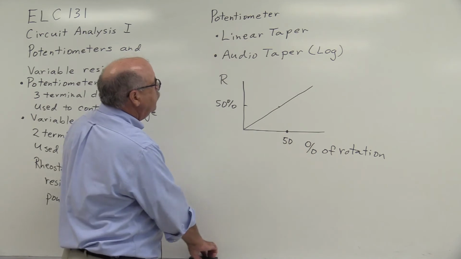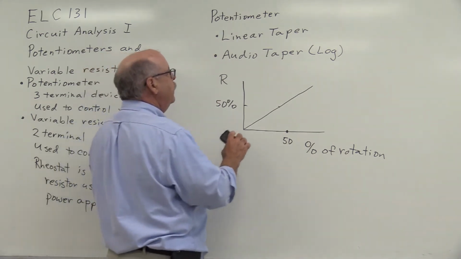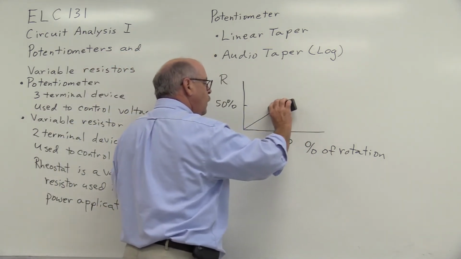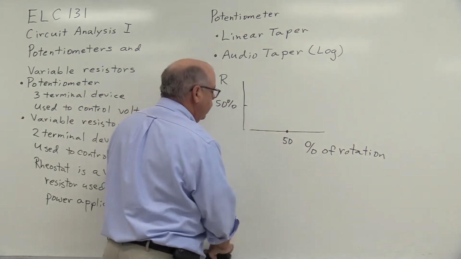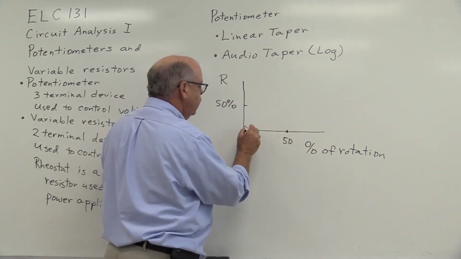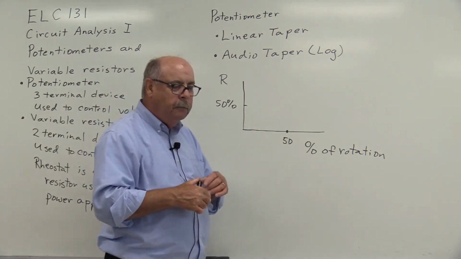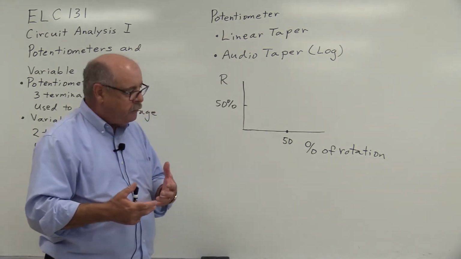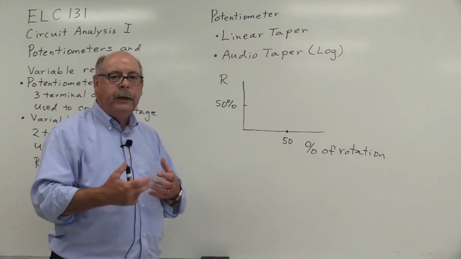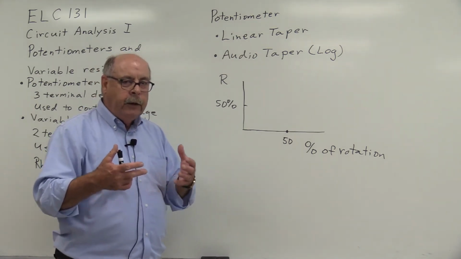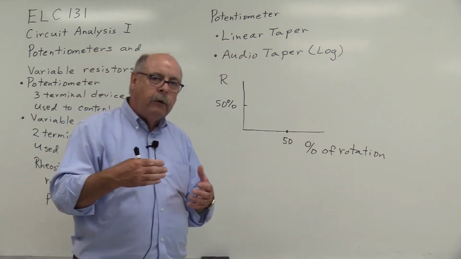Now, an audio taper is a little different. The audio taper is designed to meet the needs, we'll say, of the human ear. Now, the human ear functions in a logarithmic fashion.